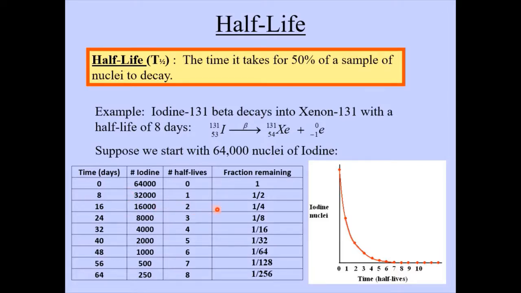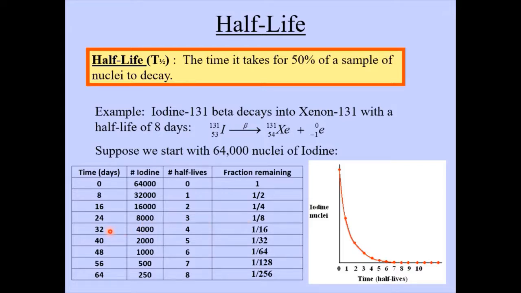So at 2 half-lives, we're at half of 1/2, which is 1/4 of the remaining amount. Okay, 1/4 of what we started with is left. After 24 days, or that's 3 half-lives, this 16,000 gets cut in half to 8,000. All right, or we're at 1/8 of what we started with.